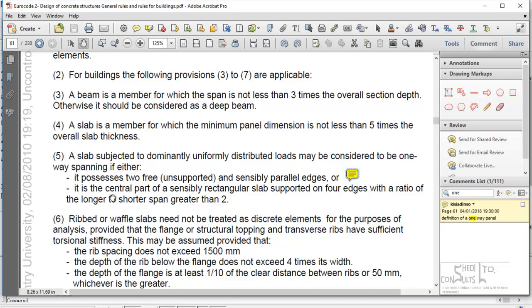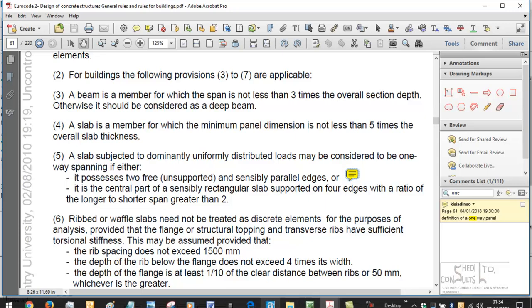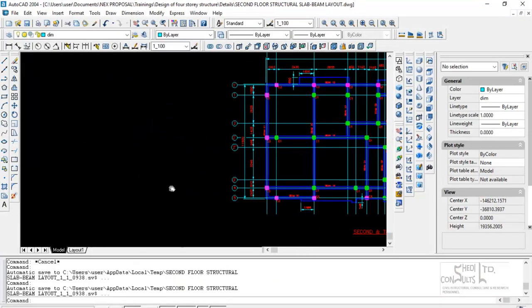You look at the second definition. It tells you that if it possesses 2 free, unsupported, and sensibly parallel edges. Let's look at the implication.